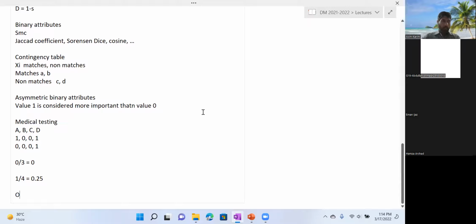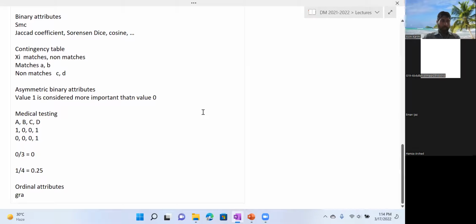So what about if you have ordinal attributes? A typical example of an ordinal attribute is, let's say, the grade. Grade would typically be ordinal between A, B, C, D, and let's say F, and there is a specific rank in these values.